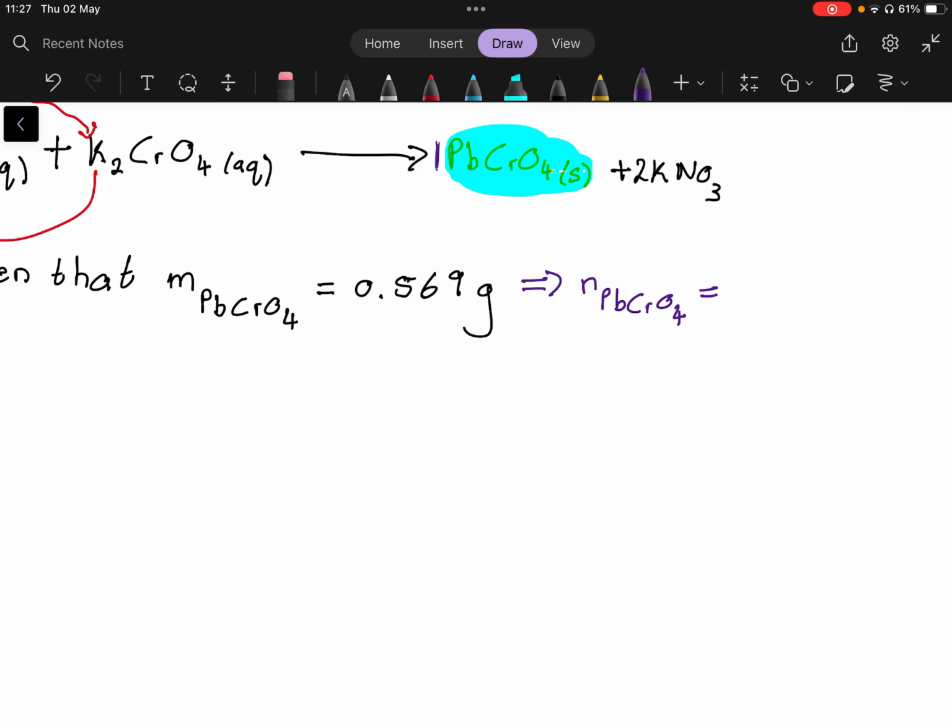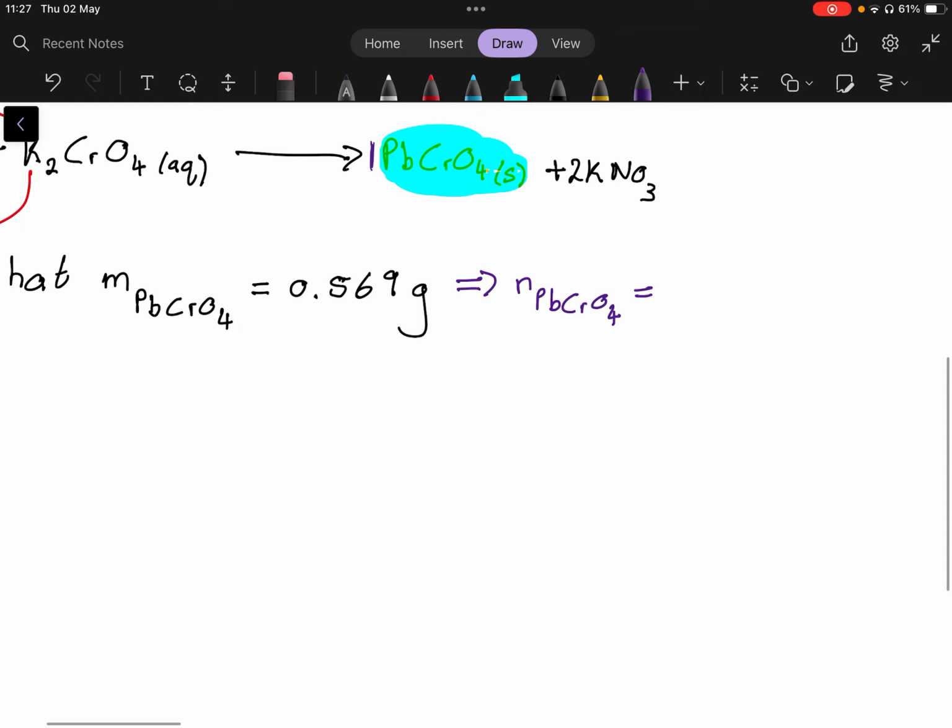So that is then equal to mass of lead chromate divided by the molar mass of lead chromate. And so in other words, you plug in here 0.569 gram.